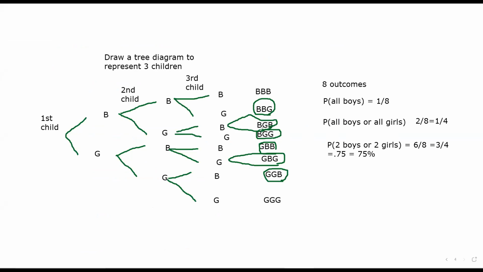This has 1 boy, 1 girl with an extra girl. This has 1 girl, 1 boy, an extra boy on the end. This has 1 girl, 1 boy with an extra girl on the end. This has 2 girls, but you have a boy at the end, so that would still work. The only ones we don't want are the ones that are all boys or all girls.